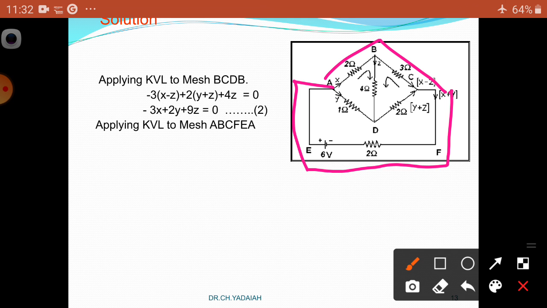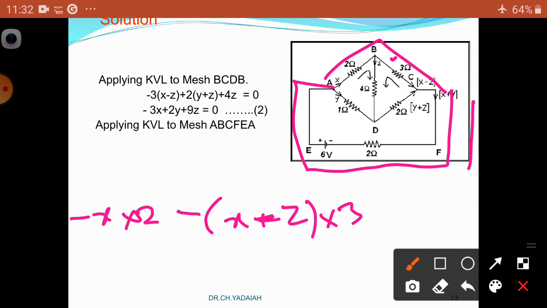The current is minus x into 2 resistance, I into R, plus here the current direction and this loop are in the same direction, so you take the minus value. The current is x minus z, and the resistance is 3 ohms.